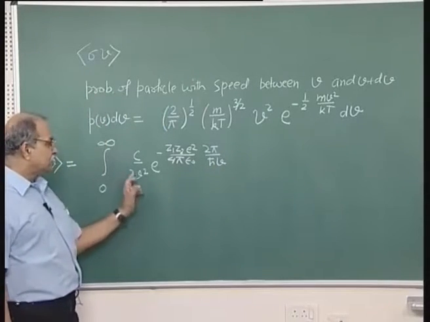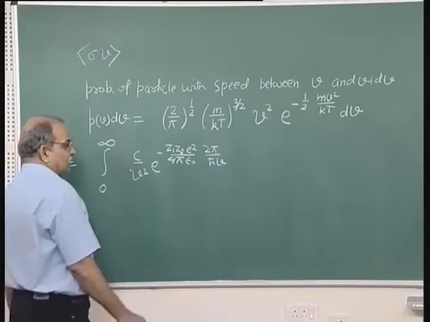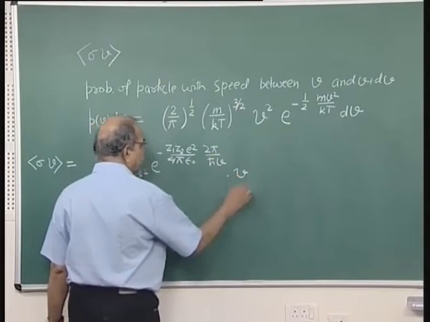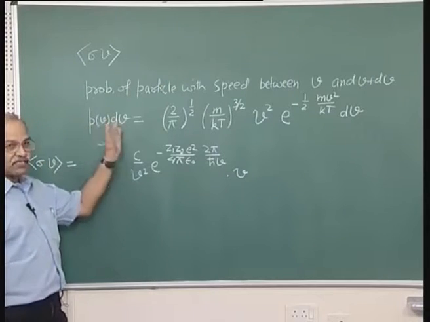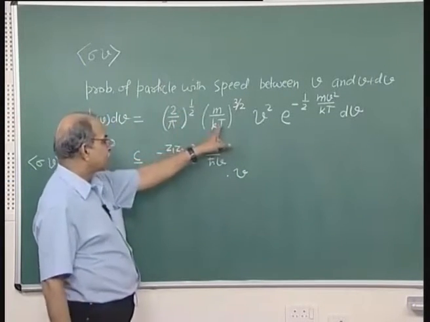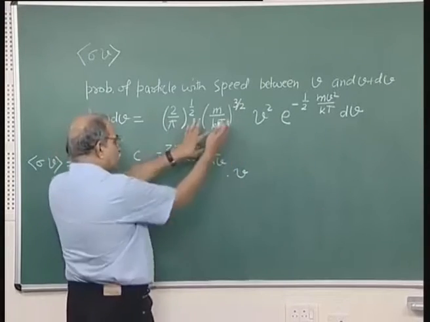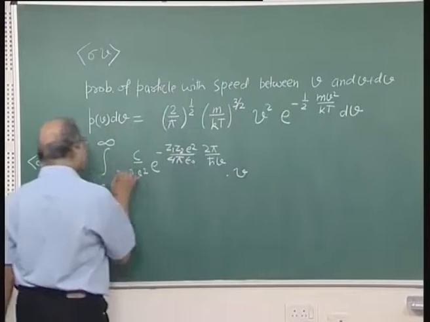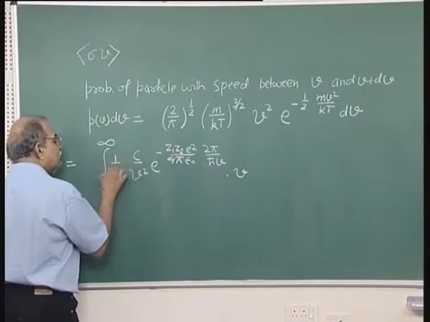The sigma is this expression, and then into v, sigma into v, and into this fraction P(v) dv, that is all this constant. I am interested in temperature. So, all that constant can go here, but that 1 by T to the power 3 by 2, I would like to keep.